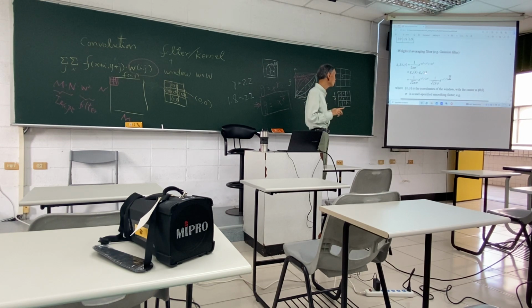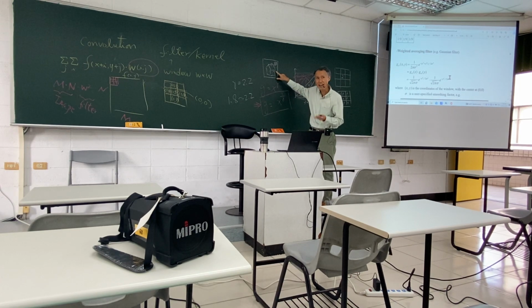If this bandwidth is very large, then you might over-smooth the image. When I say over-smooth, it means you can remove all the noise points, but you will also get a severe blurring effect for the edges.